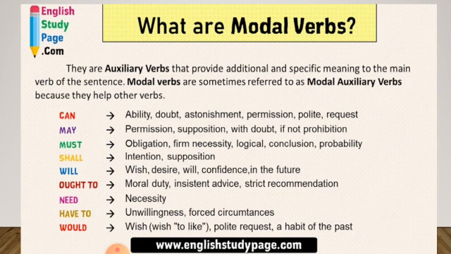You can use can. May: permission, supposition, prohibition. Give me an example. When you are taking permission, ma'am, may I come in? Sir, may I come in? May I go to the washroom?